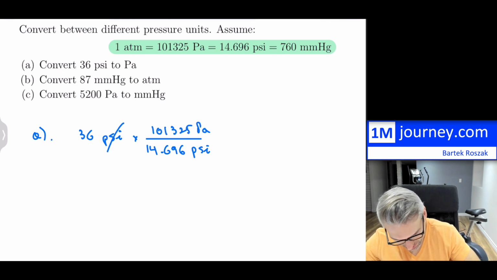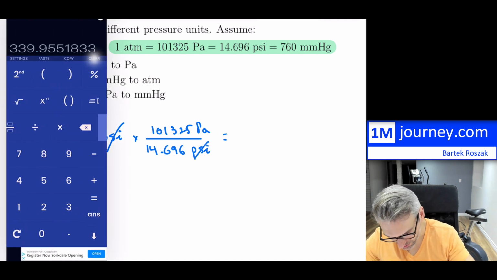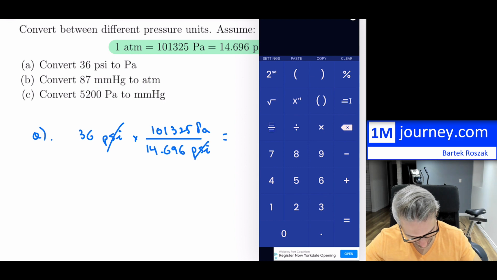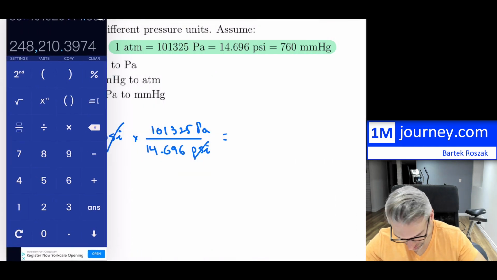So the psi's will cancel, and then we have our result. So 36 multiplied by 101,325, and then divided by 14.696. It's going to be quite a big number.